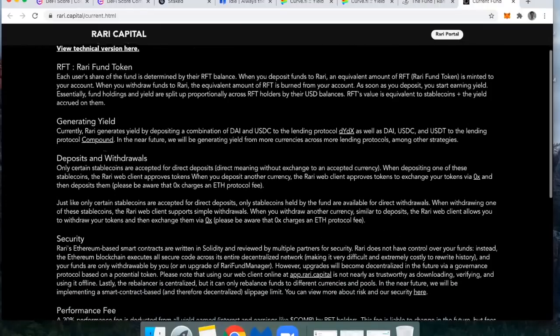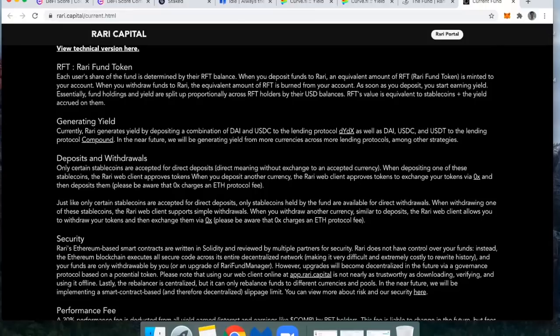And then they are currently only lending those three assets across dYdX and Compound. So that's worth me noting because there are fewer pools being used for this yield bouncing strategy. I know that these folks are new and that there will be more pools incorporated in the future.